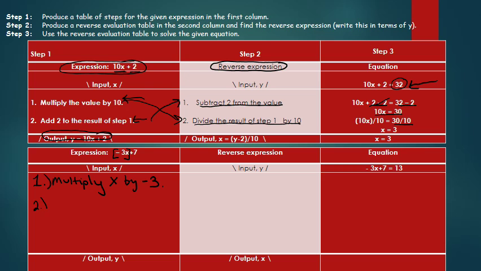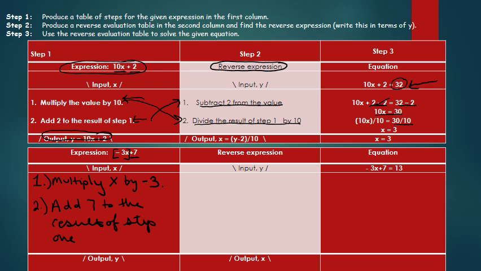Step 2, so I've done that. The last thing I need to do is add 7 to the result of step, not step 2, step 1.